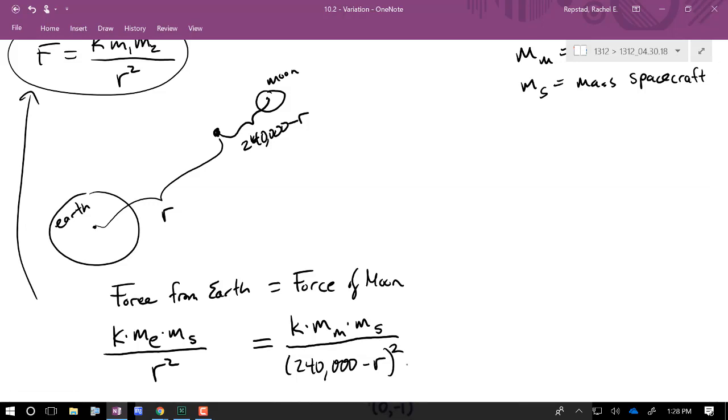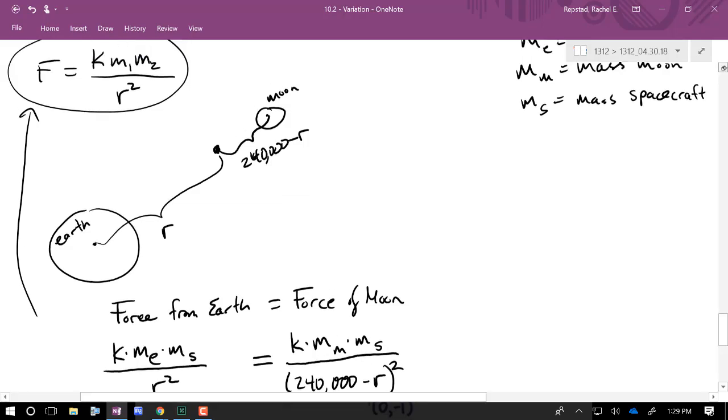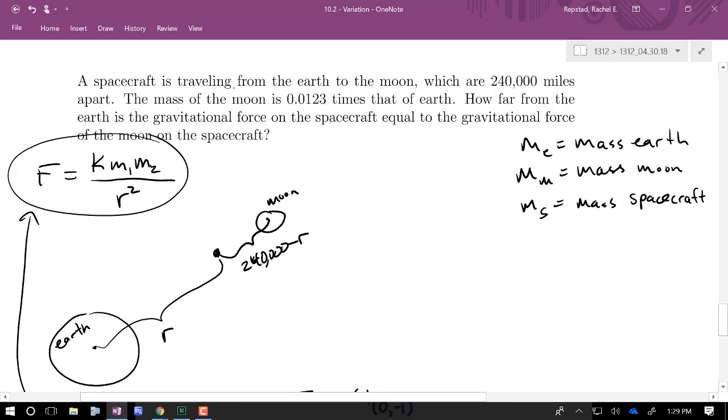All right. We're trying to solve this for r, and we've got all kinds of unknowns here. Like, I don't know the mass of the Earth, and I'm sure maybe somebody's computed it, but the good news is we don't actually need to know. So they told us a couple of things that are important. The mass of the moon is 0.0123 times that of the Earth. So we know that M_M is equal to 0.0123 times M_E.